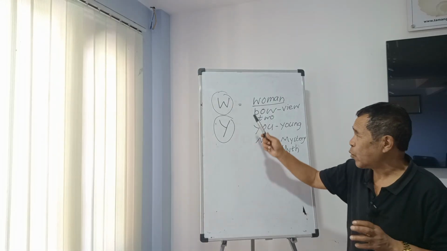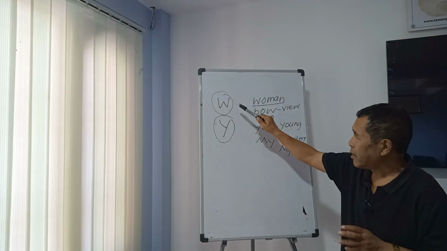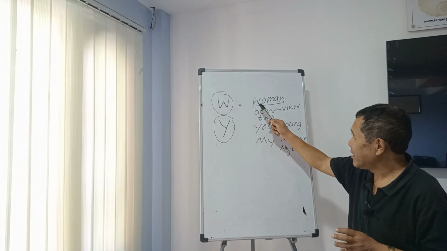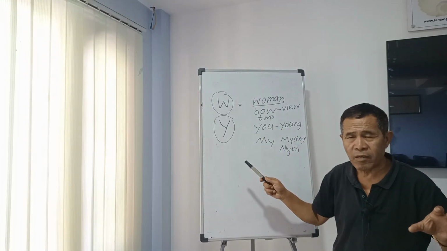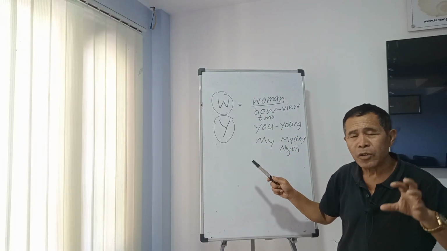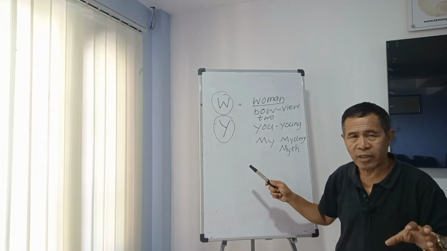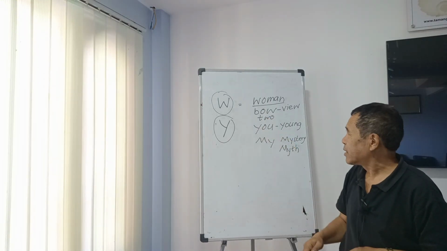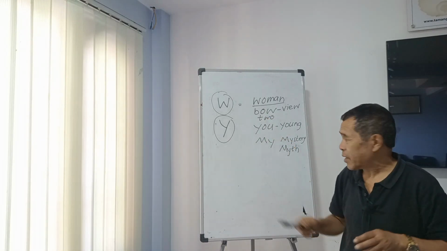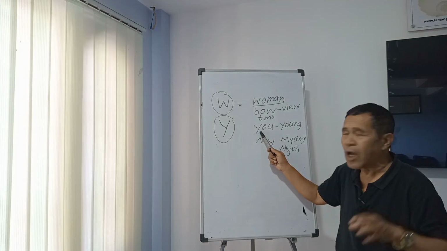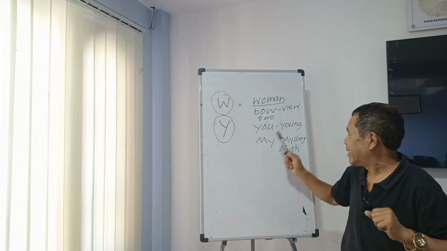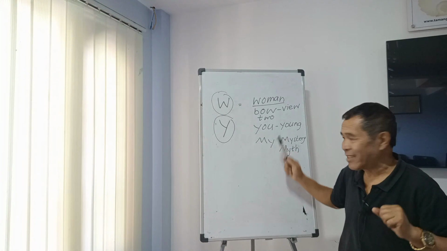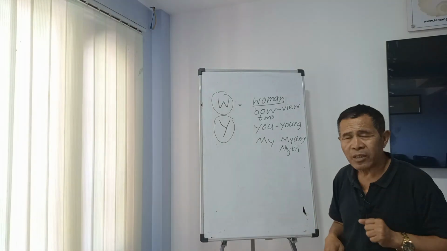Now how do we find out? When these two letters W and Y are at the beginning of the word, they are used as consonants. For example, woman. Now here, Y, young. You see?